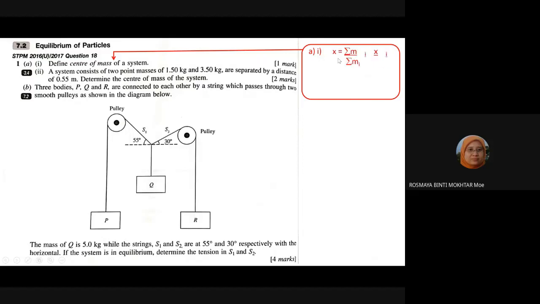You can write in mathematical form, where x, the center of mass, equals the summation of mi times xi, divided by the sum of the masses, where mi is the mass of the particle and xi is the distance of the particle from the origin.